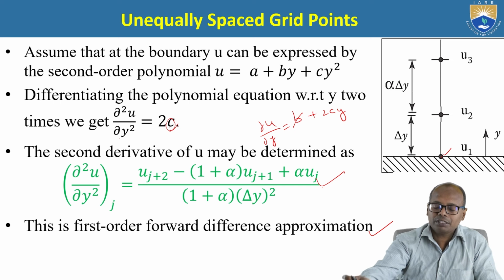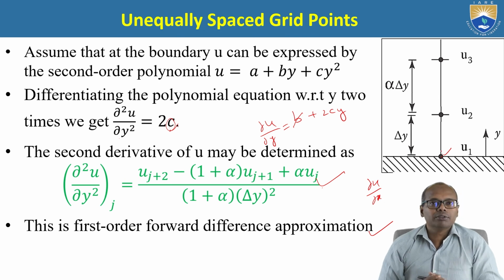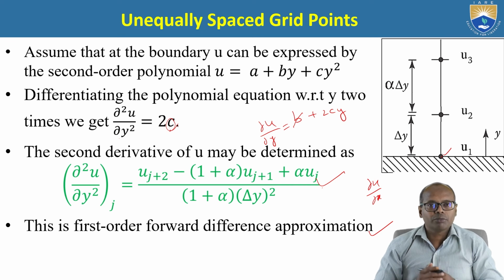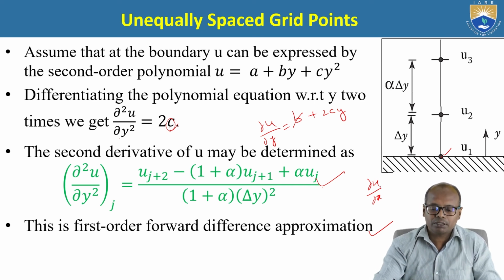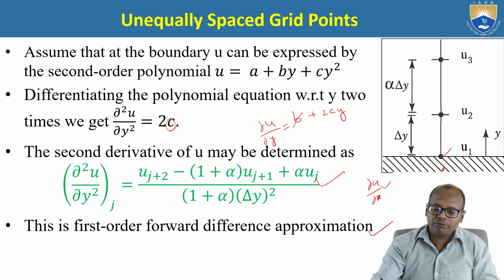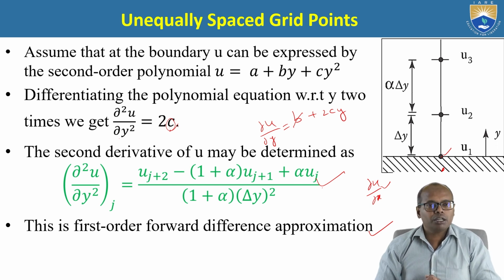If I want a second order accurate expression for dou u by dou x or dou y at the boundary, it requires a value below this point 1. Okay, so in that case, the value of the point below point 1 is outside the computational domain, and we cannot get it accurately.